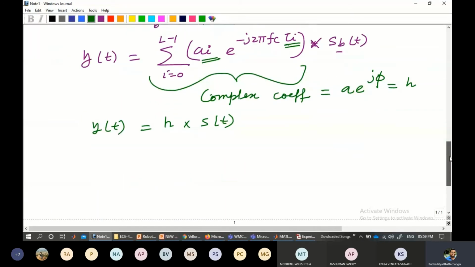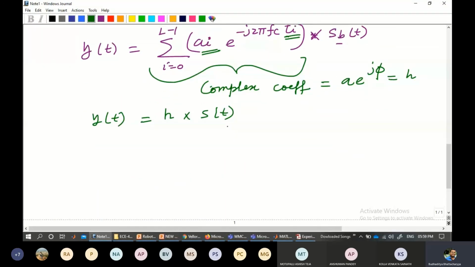This is the most simplistic way of writing it. Now suppose we take an example that L, the number of paths, is 2. Suppose there are 2 multipath components present. So what will be h?